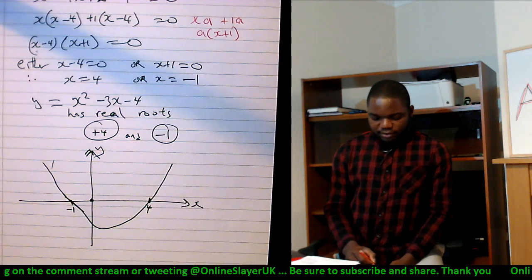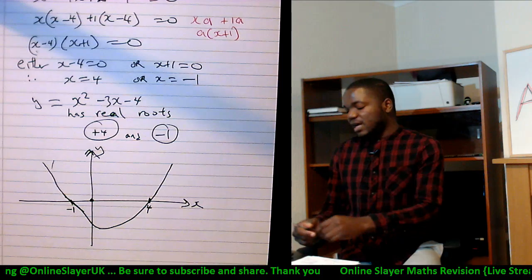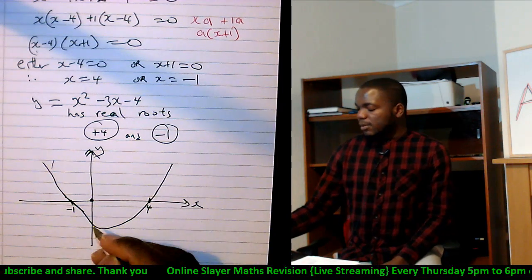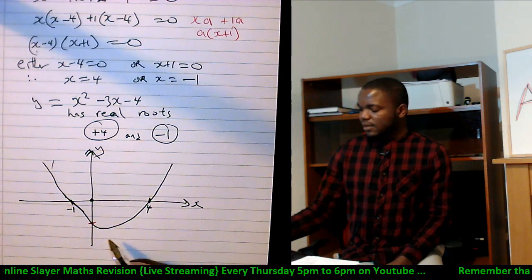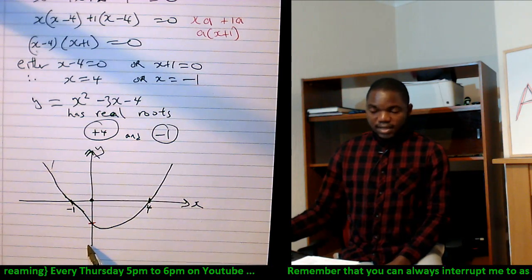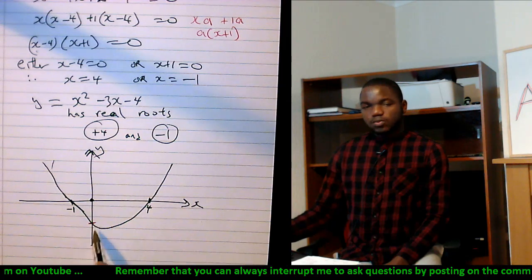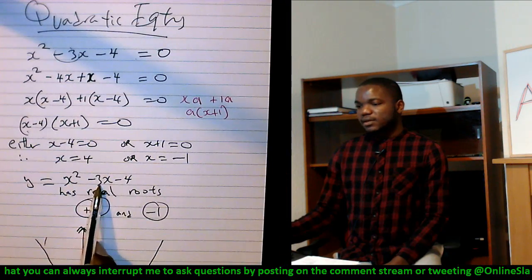Because I'm trying to sketch the graph, I'm not asked to really look at all my points properly, but at least I should be able to tell them what point this is. This is the point where x equals 0. That's the y-axis. So at x equals 0, what is y? Y equals x squared minus 3x minus 4.